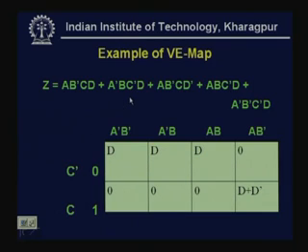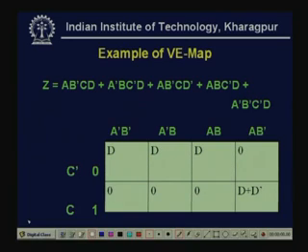So, this is another example of a 4 variable function, and here simply D we have considered as the map entered variable. So D is MEV.